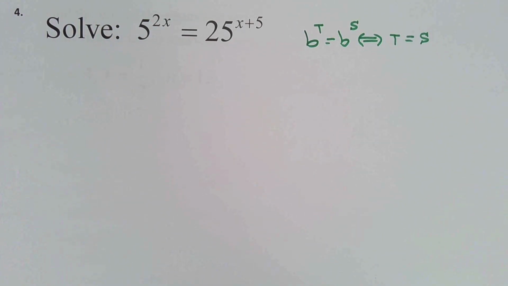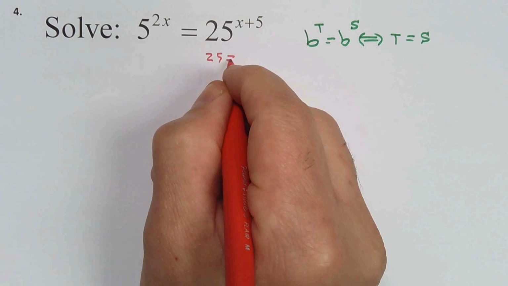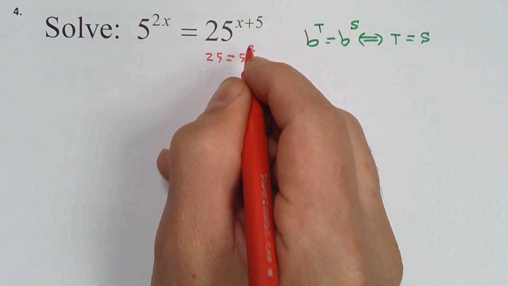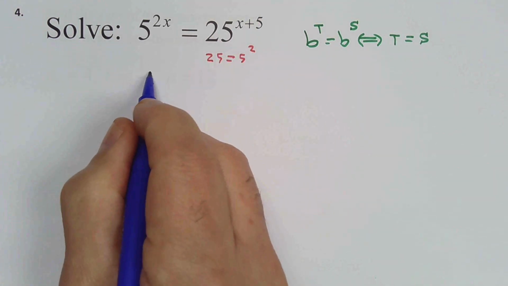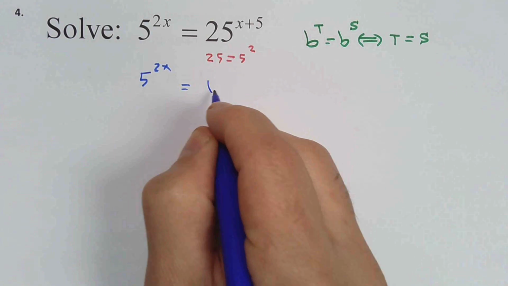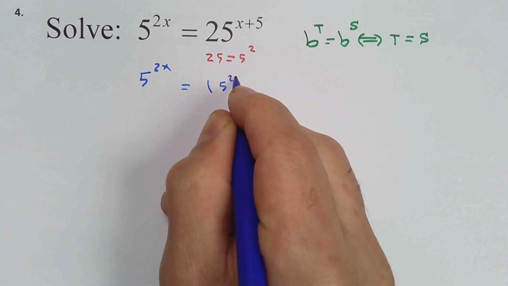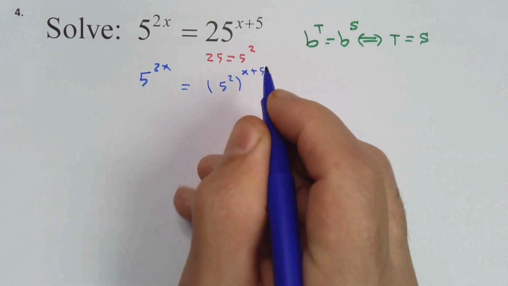So to have the same base, I need to think about 25 as 5 to the second. So the problem becomes 5 to the power 2x equals 5 to the second instead of 25, all raised to the power x plus 5.